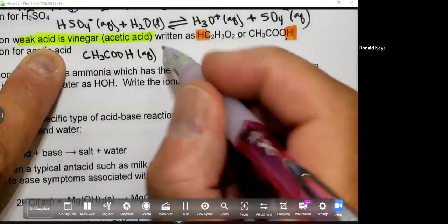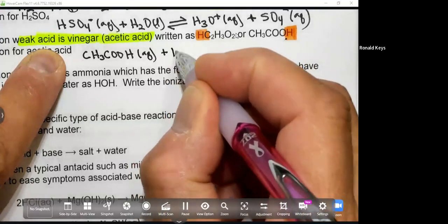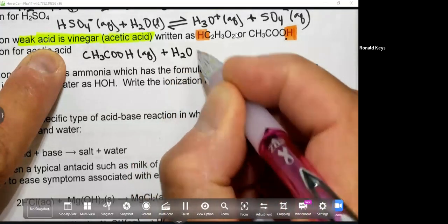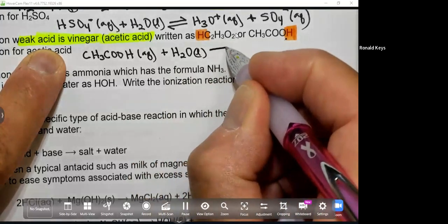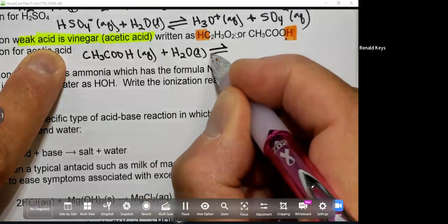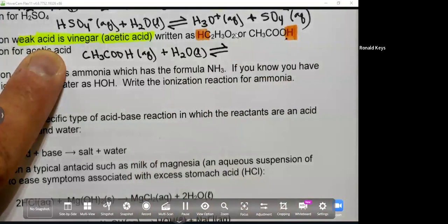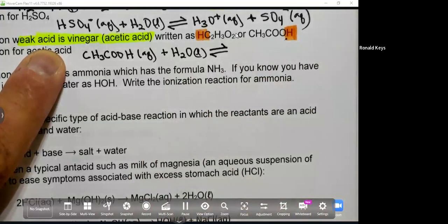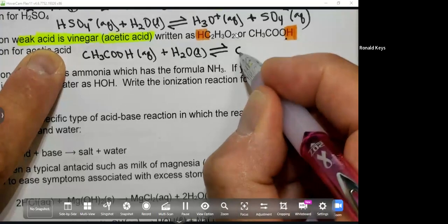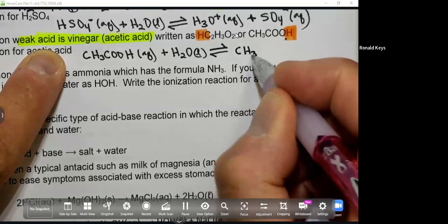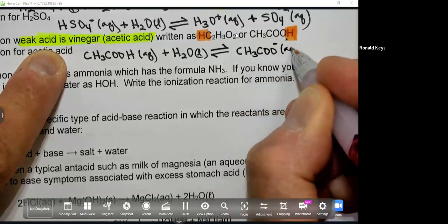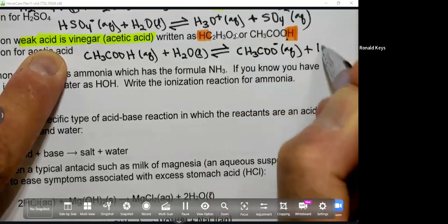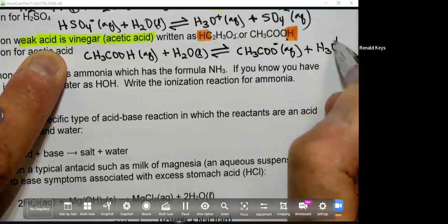We're going to produce H3O plus. This is a weak acid. We have to have double arrows. Weak acid. CH3COO minus plus H3O plus.